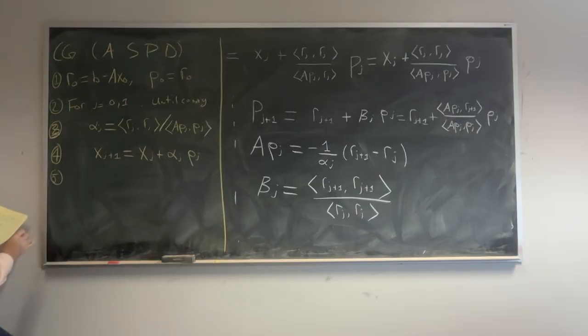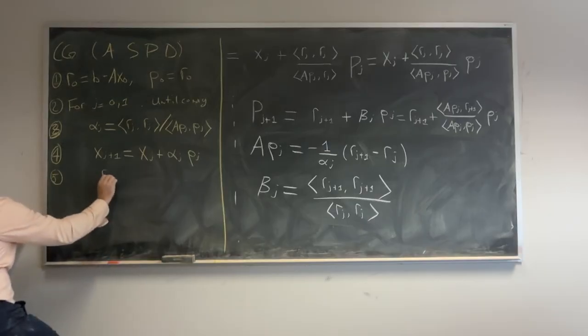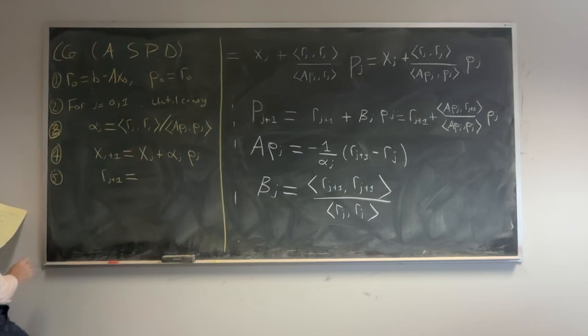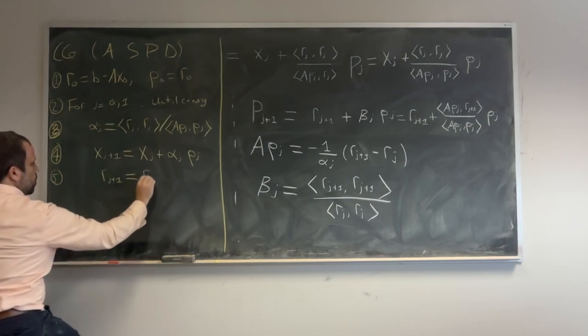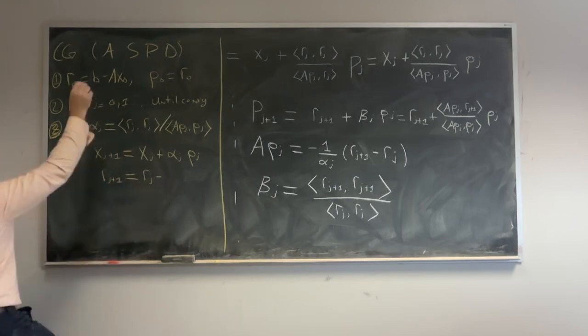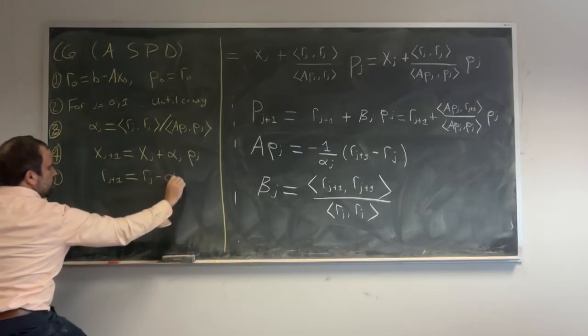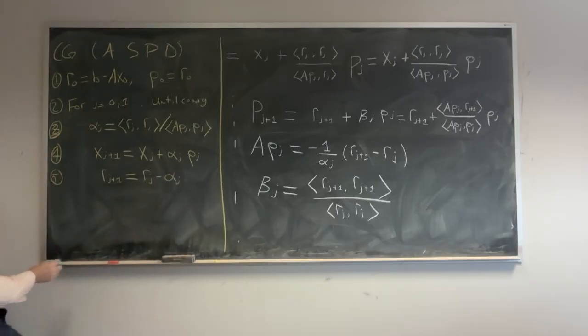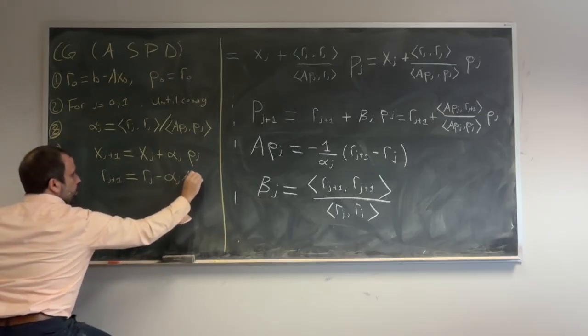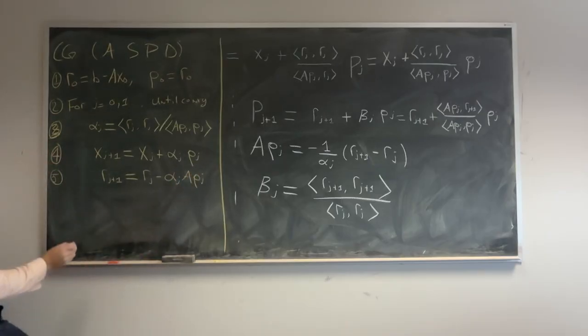So R_{j+1}, the residual, is going to be equal to R_j minus alpha_j A P_j, like this.